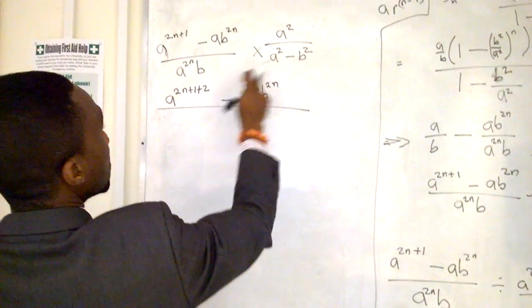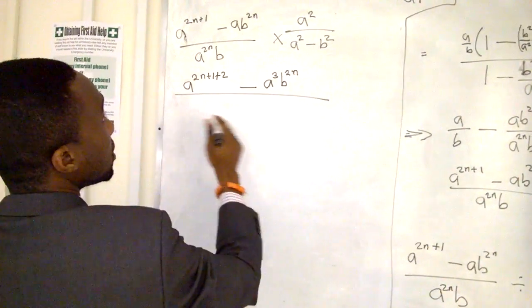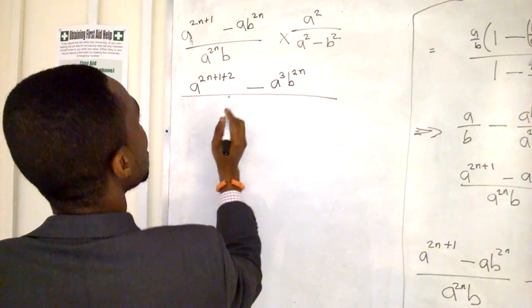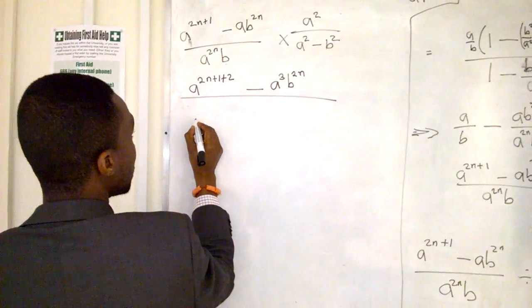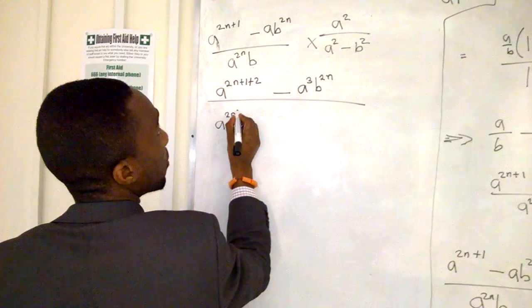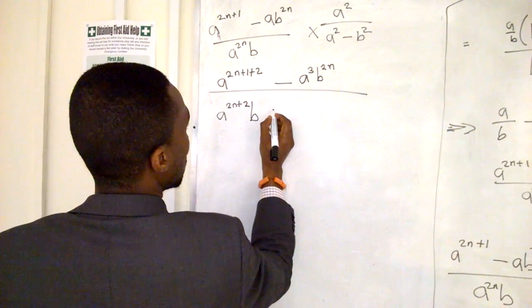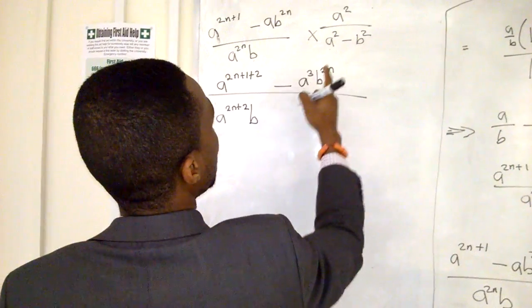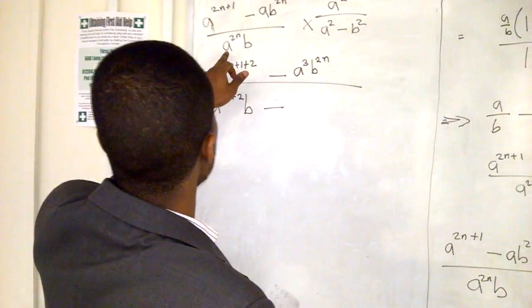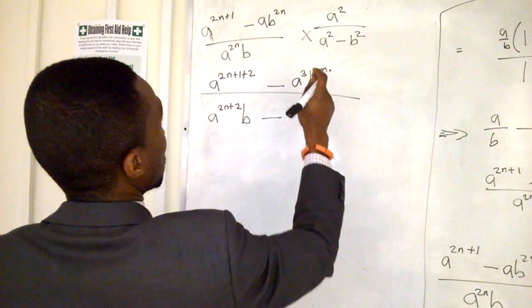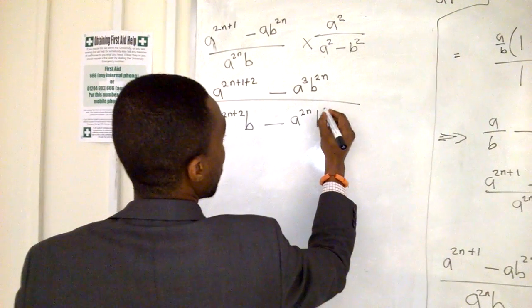And then you have to multiply this with the bottom, the denominator. So a squared n b multiplied by a squared, you have a squared n plus 2 b, minus b squared multiplied by a squared n b, then you have a squared n b cubed.